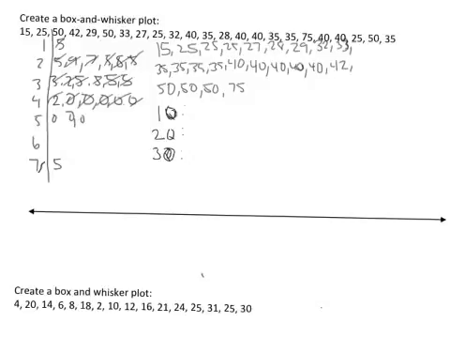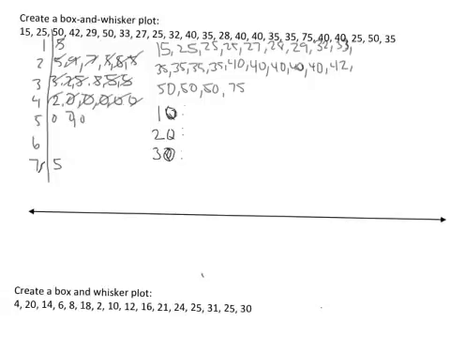If I count all these numbers up, I go 1, 2, 3, 4, 5, 6, 7, 8, 9, 10, 11, 12, 13, 14, 15, 16, 17, 18, 19, 20, 21, 22, 23. So we have 23 numbers. If we divide that by 2, it would be about 11 and a half, and if we move it up by 1, that gives us 12.